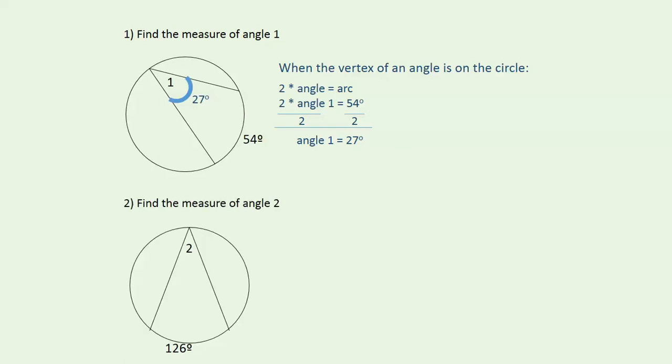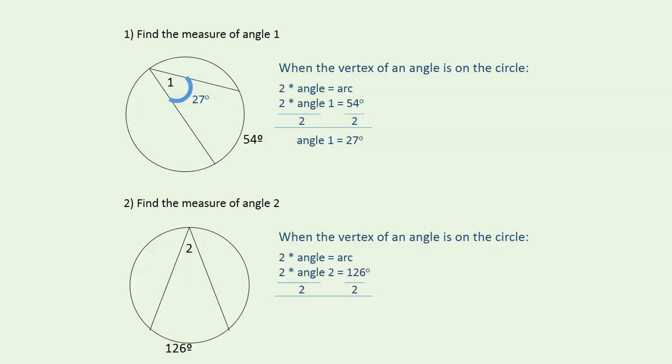Now, let's find the measure of angle 2. When the vertex of an angle is on the circle, 2 times the angle will equal the arc. So 2 times angle 2 will be 126 degrees. Solving for angle 2, we'll divide both sides by 2, and we find that angle 2 is 63 degrees.